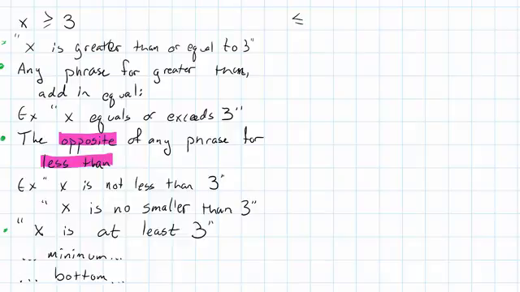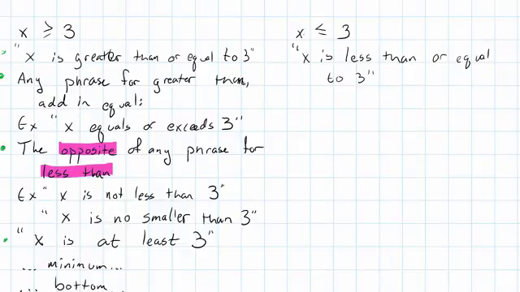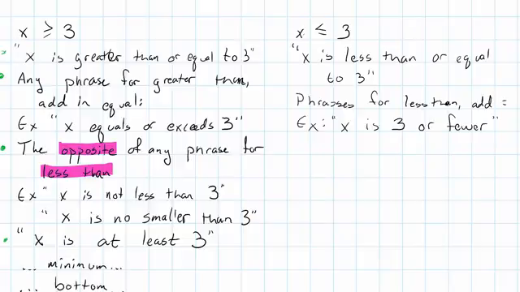Less than or equal to follows essentially the same pattern. We might say directly, x is less than or equal to 3. We might use any of the phrases for less than, adding in equal. For example, x is 3 or fewer.